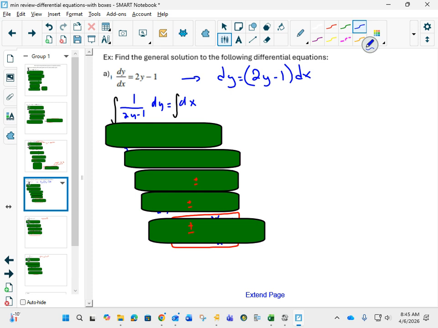I need to move this whole thing. So with separation of variables, you are always trying to get things into a multiplication and division scenario. So when you're separating the variables, there's no extra adding that needs to be done at the end, because that actually doesn't work in these situations.